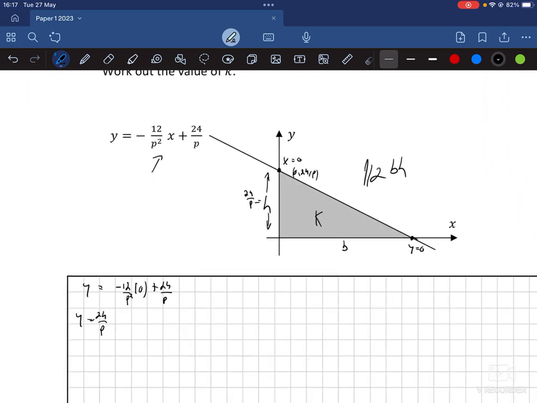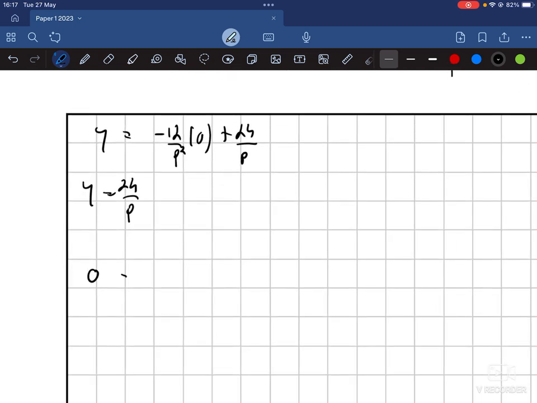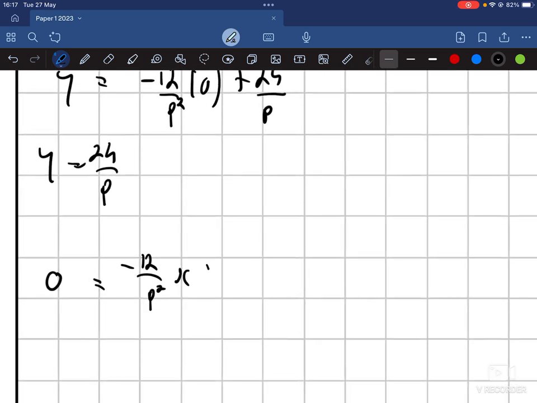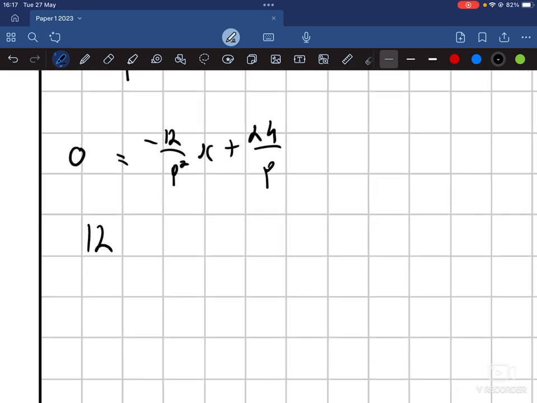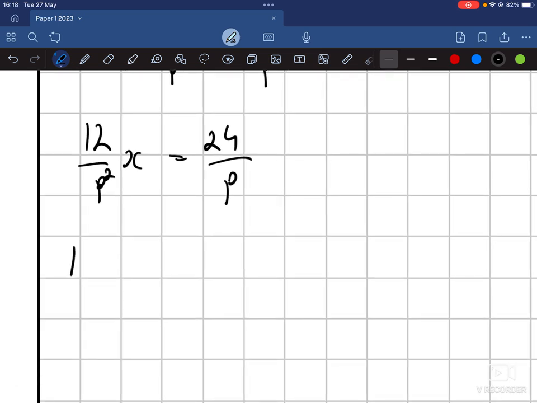Now, the base one is a little bit harder. We have to let y be 0. So for this one here, we do 0 is equal to minus 12 over p squared x plus 24 over p. Now we have to solve for x. So we move this x bit over, adding it to both sides. Now let's multiply across by p squared first of all.